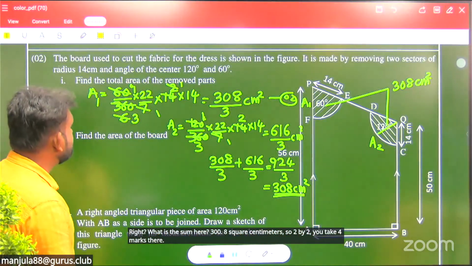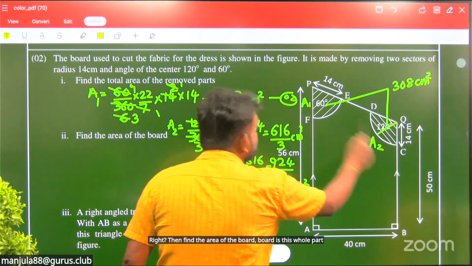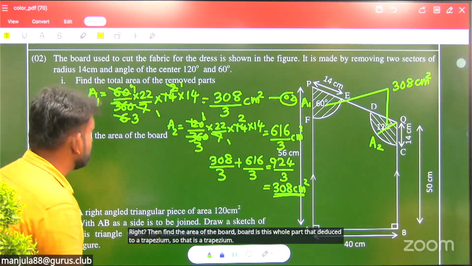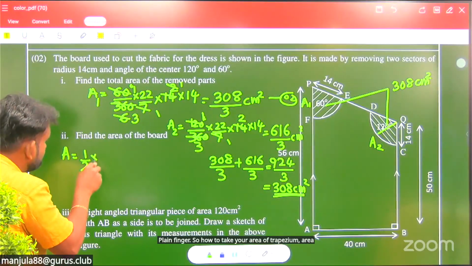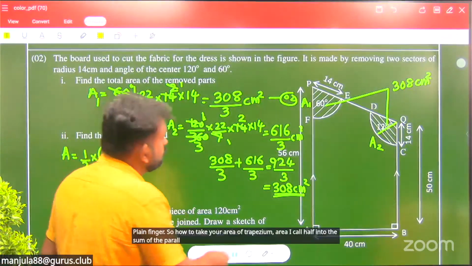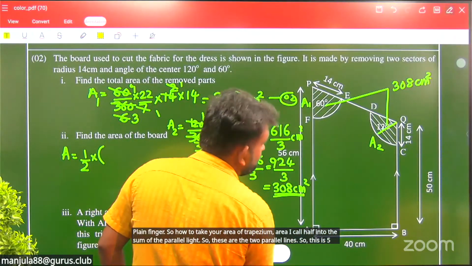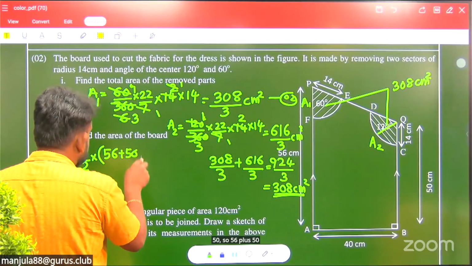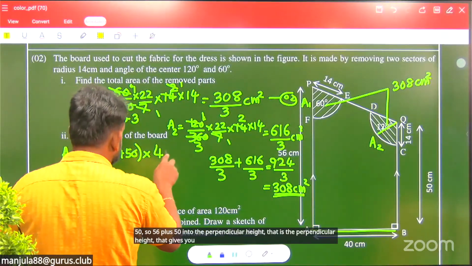Right, then find the area of the board. The board is this whole part, which is reduced to a trapezium. So that is a trapezium plane figure. So how to take the area of a trapezium? Area equals half into the sum of the parallel sides. So these are the two parallel sides, this is 56, the other one 50. So 56 plus 50 into the perpendicular height. That is the perpendicular height, which gives you 40.